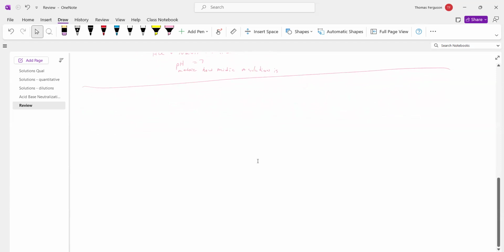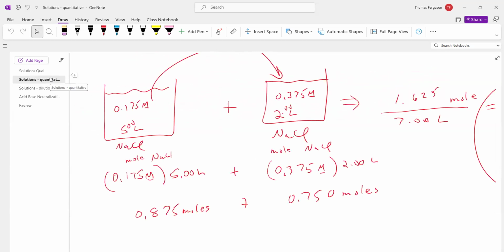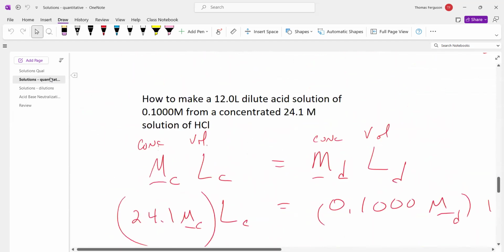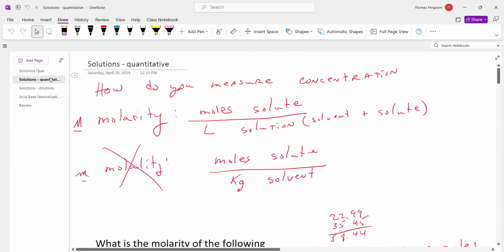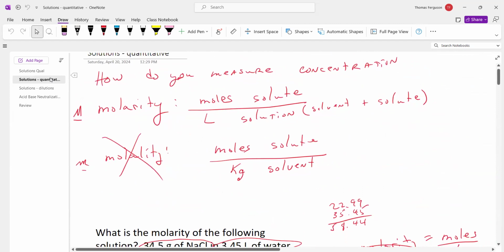So let's talk about the quantitative aspect of this. And we get into the quantitative aspect of this. We are talking about moles of solute in liters of solution.